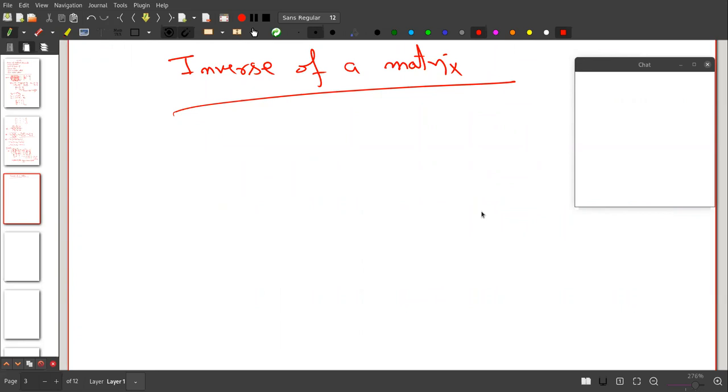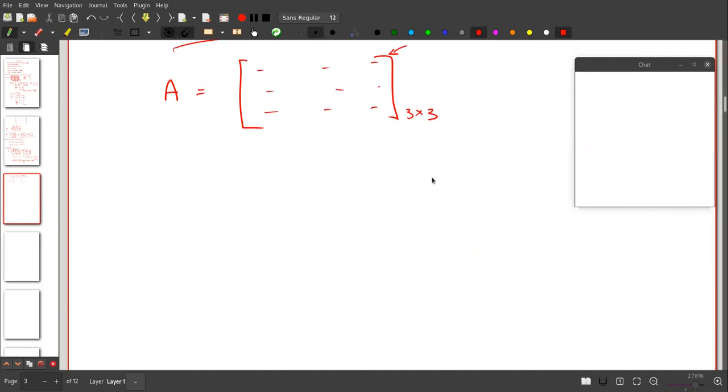Okay, so how do we calculate? Say I have given a matrix A that is in some form. It's a matrix. You can see the box. So all those elements, A11, A12, A13, all those elements. Say I am taking 3 by 3 here. So how do we calculate A inverse? So what is A inverse? Let's first see what is A inverse.